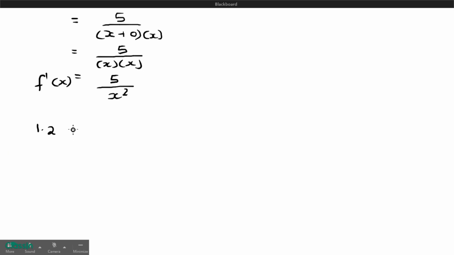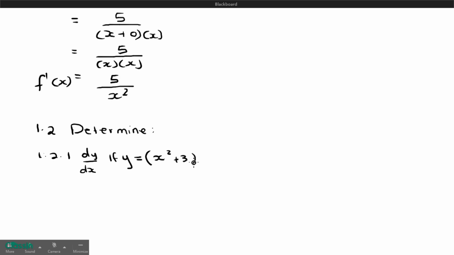So it says determine number 1.2.1. Number 1.2.1 says dy over dx if y is equal to x squared plus 3 and then root of x.